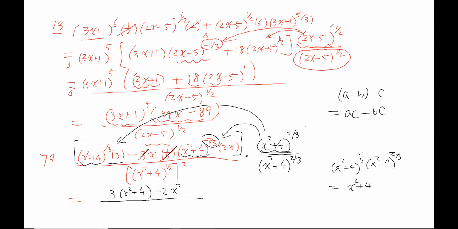This times this is what? One. Just 1, okay? And therefore you get just 2x squared on the top. The bottom is x squared plus 4 here. But you also have another 2/3. So adding up is a 5/3, do you agree? And simplify the top and the bottom, you get x squared plus 12.